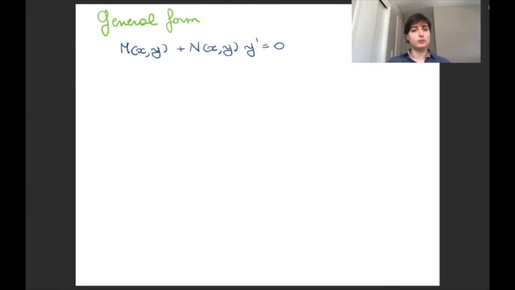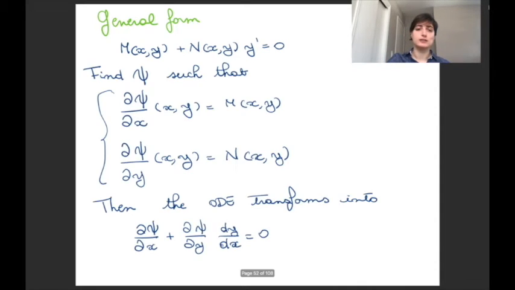What is the general form? How can we generalize this approach? We can look at ODEs of the form M(x,y), where M is a function of two variables, plus N(x,y) times y prime equal to 0. This is very general for first order ODEs.